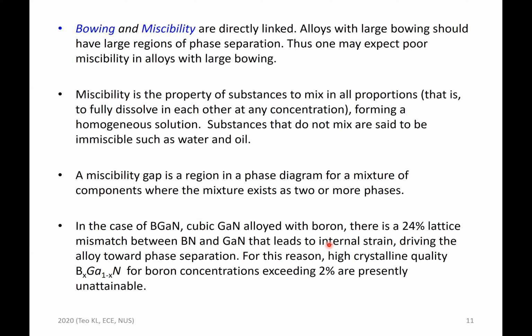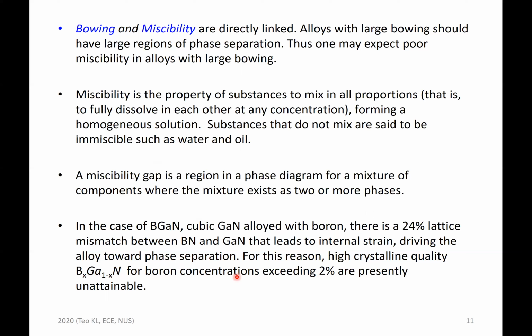And this basically will drive the alloy, like for example, growing boron gallium nitride, into phase separation. So you may end up with some portion in the semiconductor having boron nitride or having gallium nitride cluster. So high quality boron gallium nitride cannot exceed 2%.